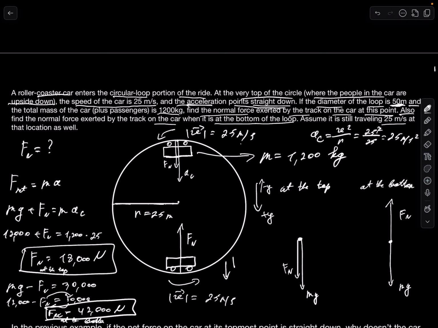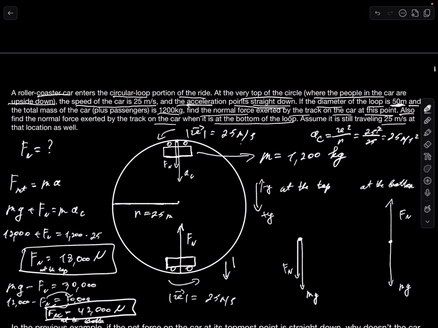I just want you to understand that when it's at the top, gravity also acts on the object. But when it's at the bottom, gravity still acts, but in order for the car to stay on the surface, its normal force should be higher than in the counterpart top case.